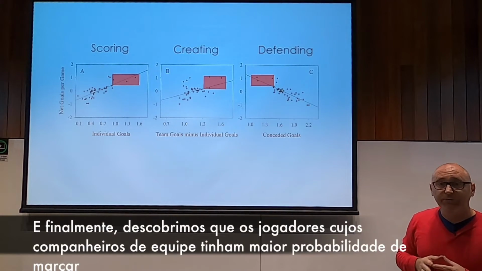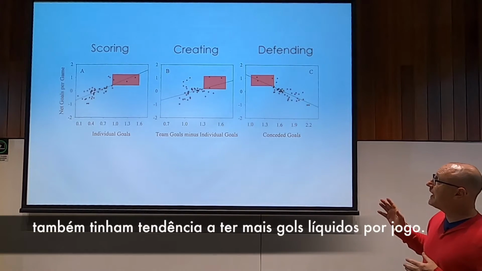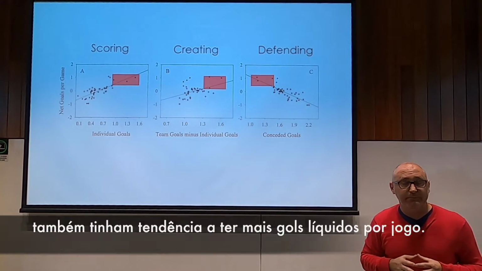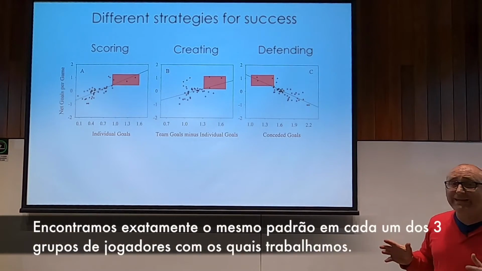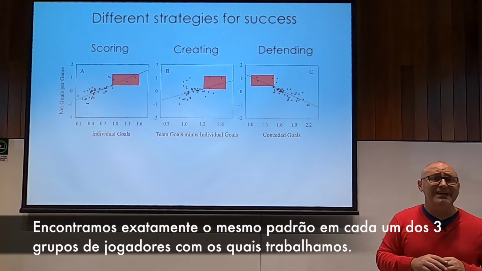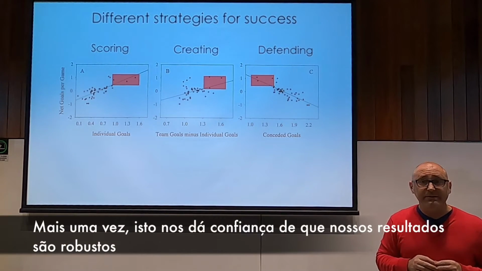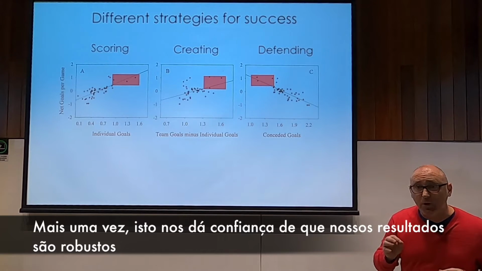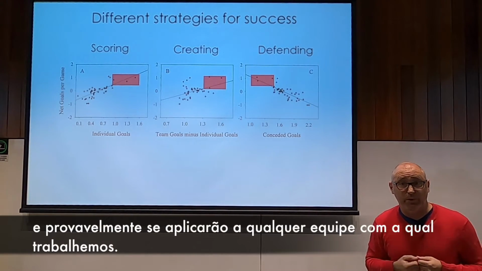And finally, we found that players whose teammates were more likely to score also tended to have a higher net goals per game. Together, these results show that there are multiple ways for individuals to be successful in these small-sided games. We found exactly the same pattern across each of the 3 player groups we work with. Again, this gives us confidence that our results are robust and likely to apply to any team we work with.